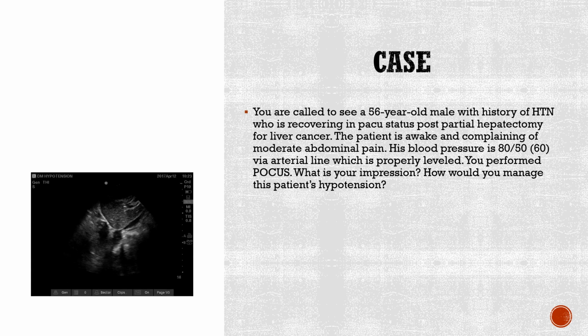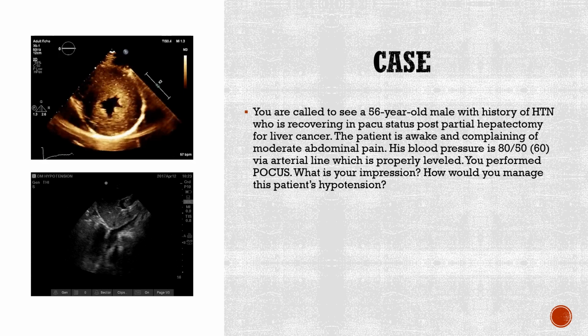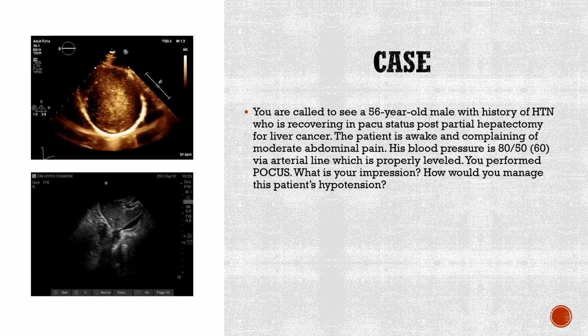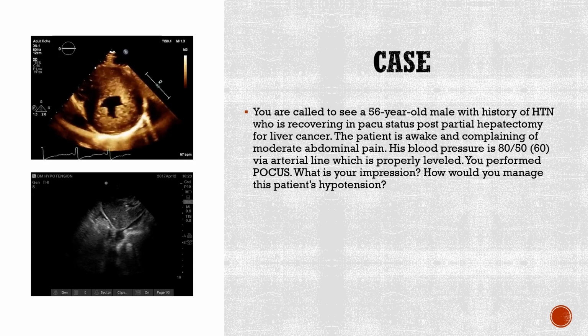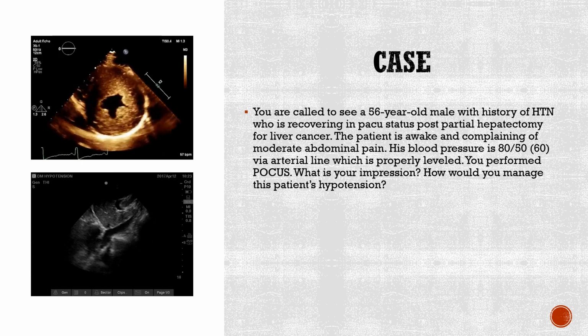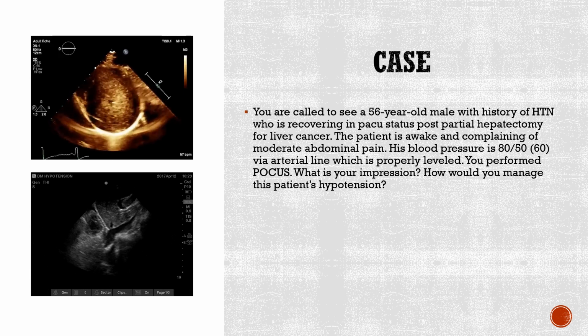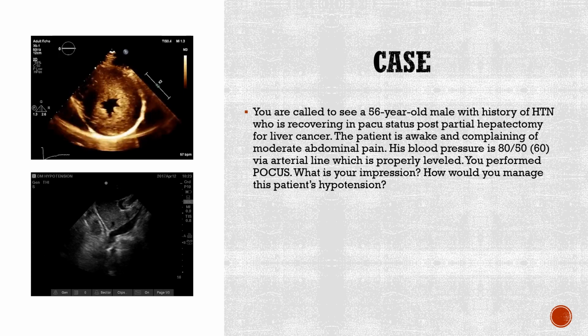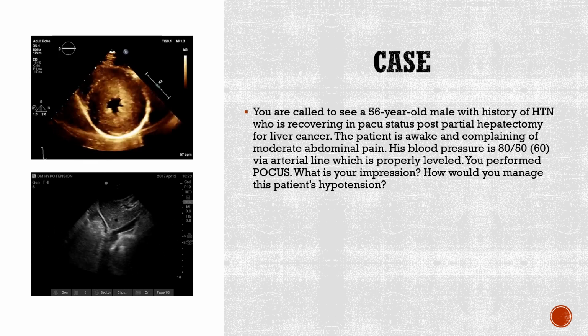So here's your subcostal IVC view, and you see that the heart is hyperdynamic and the IVC is quite collapsible. And here's your parasternal short axis view, and you see that the patient has significant left ventricular hypertrophy, and you see that the LV cavity obliterates.